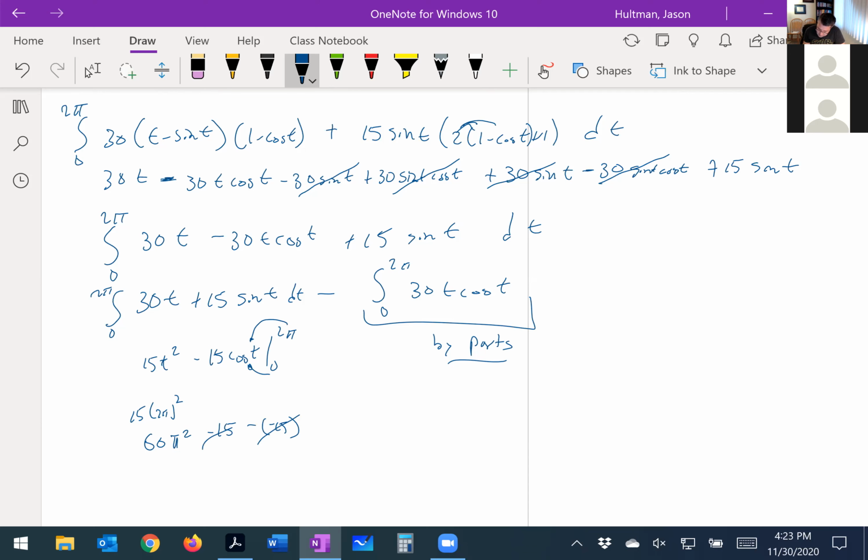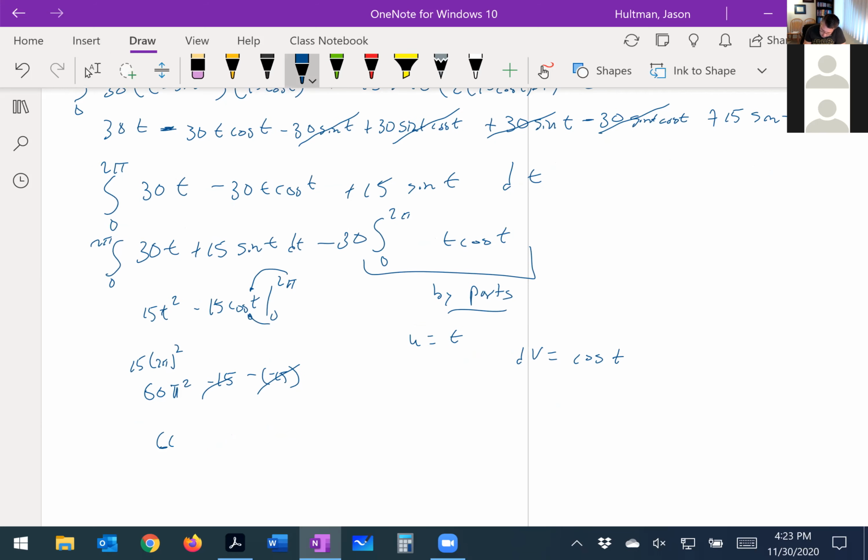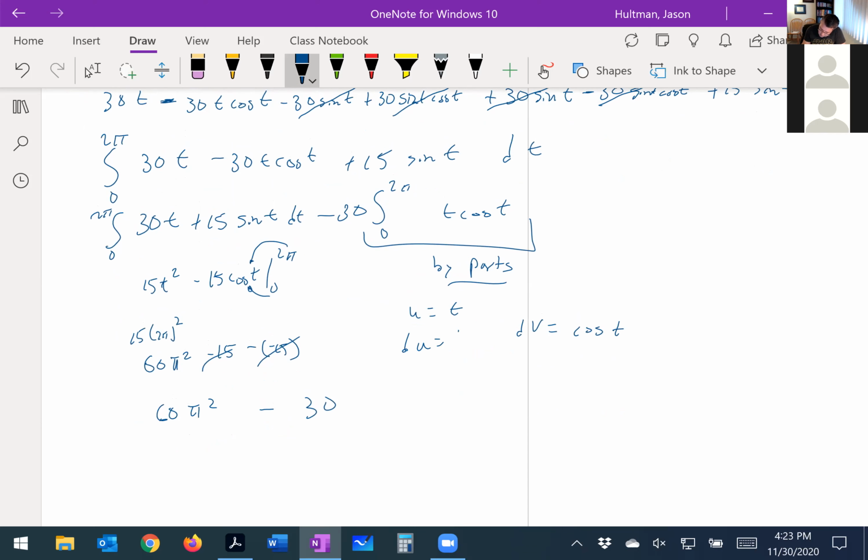Now let's do this thing by parts here. So u is equal to t, dv is equal to cosine t, and you can pull out the 30 if you want. Maybe I'll pull out the 30. So this is going to be 60 pi squared minus 30 times, du is equal to dt, and v is equal to sine t.